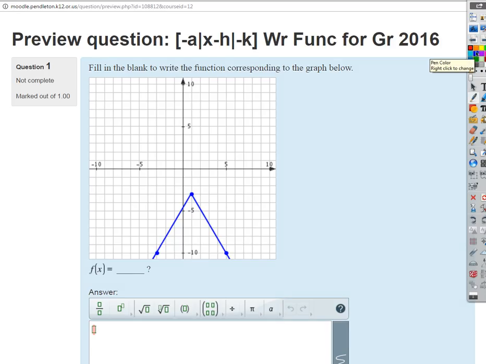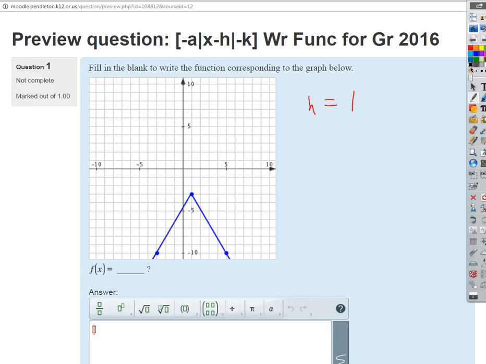From the graph, what's the value of H? It's 1, isn't it? H is 1 because the vertex has been scooted to the right by 1. Agreed? But it's positive 1. Okay, you're right.